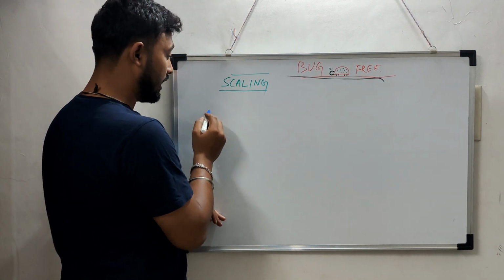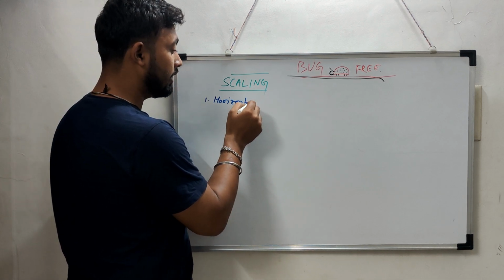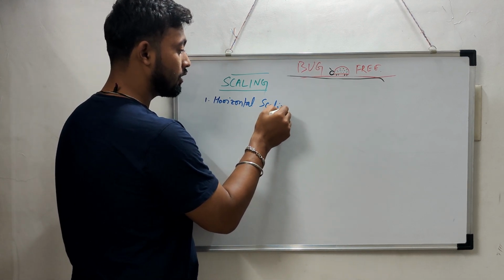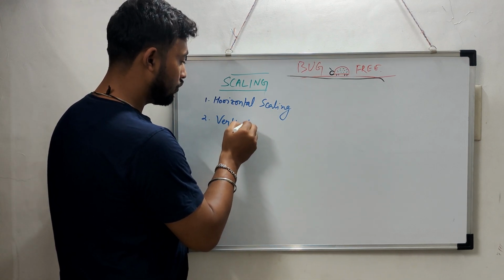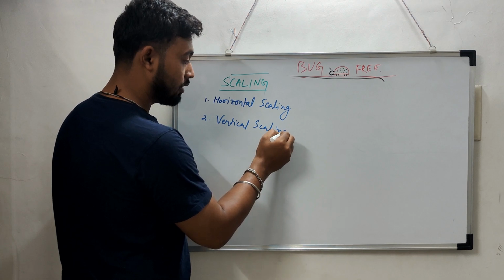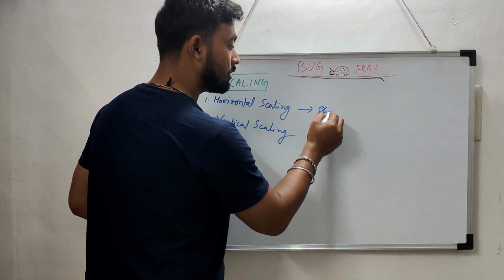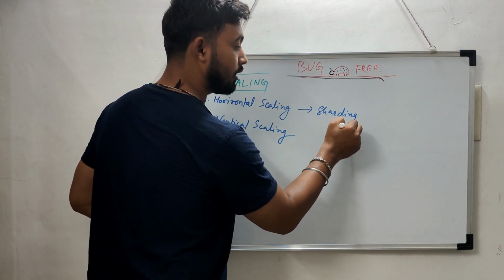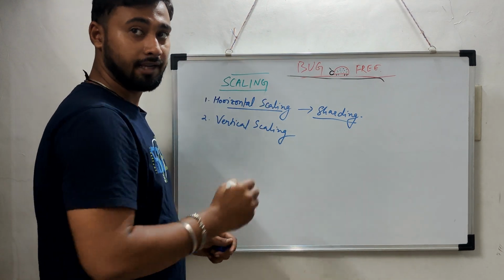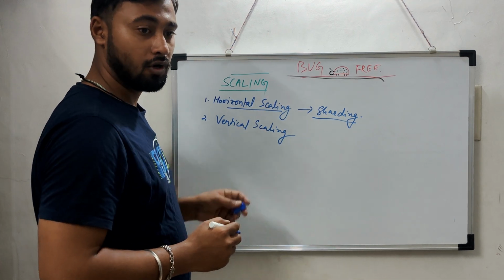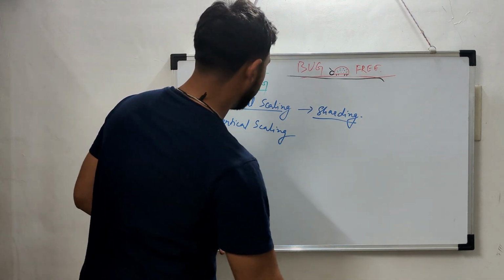There are mainly two types of scaling: one is horizontal scaling and the second one is vertical scaling. Horizontal scaling is also known as sharding. It's another name for horizontal scaling. Now, what is vertical scaling and what is horizontal scaling? Let's understand this.